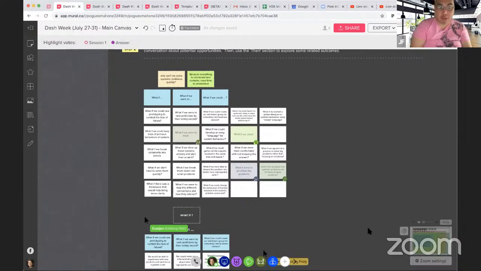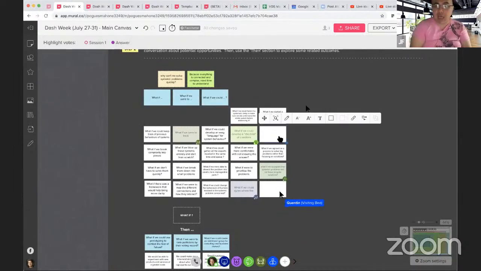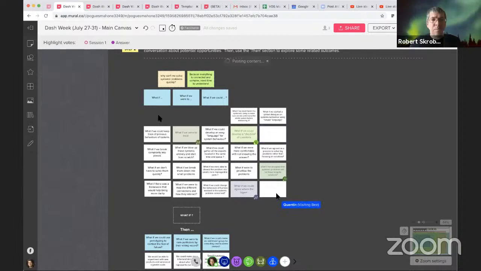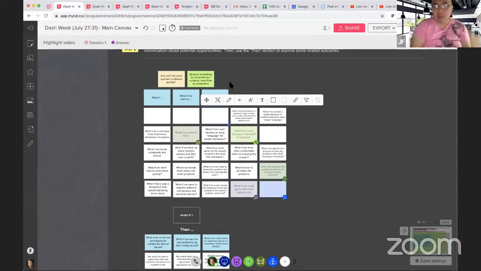For this one, I could see, let's say, going from why can't we solve systemic problems quickly to why can't we solve, for example, the systemic problem of racism here in the US? Something like that. So I think a little bit of focus might help, but it's still meaty though, if you try that.